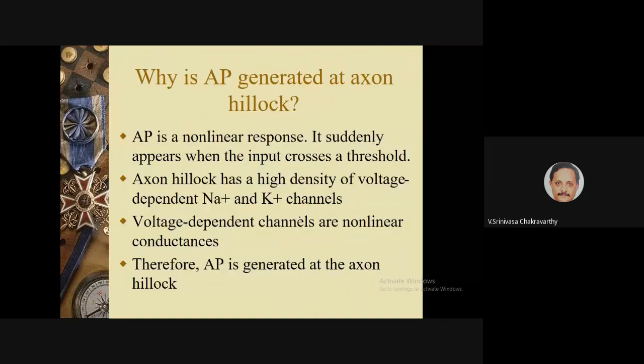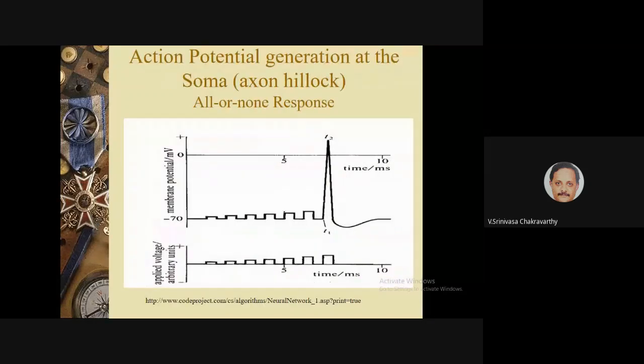Now let us see what happens when an action potential is generated. We described this in the last class. If I inject a small pulse of current into a neuron, the voltage shows a small blip and comes back. As I progressively increase the current pulse amplitude, the voltage pulse also keeps increasing.